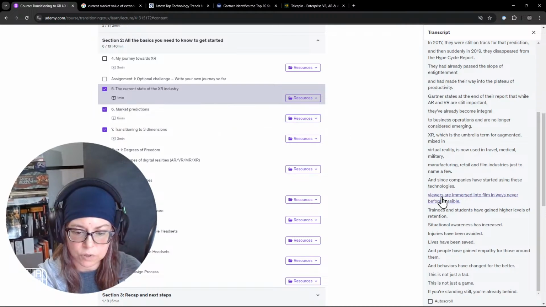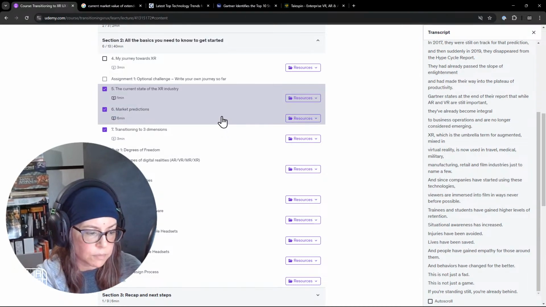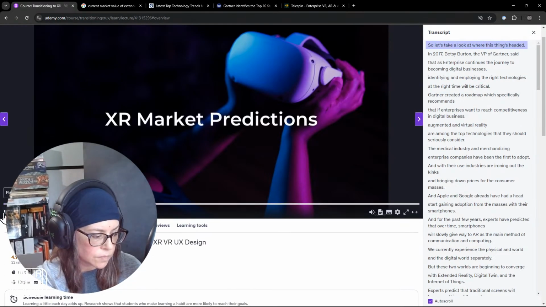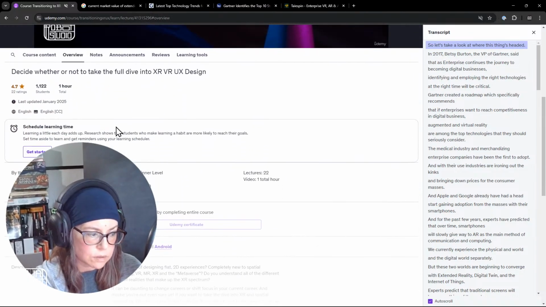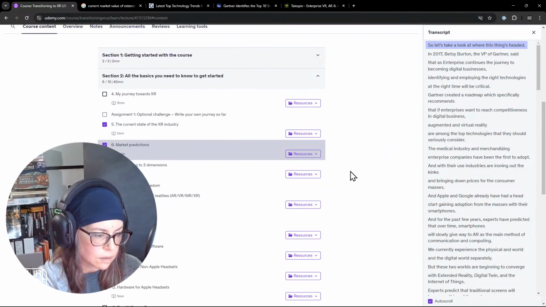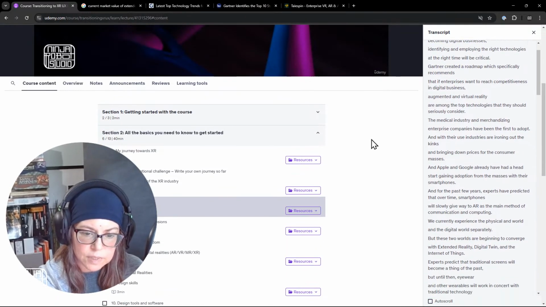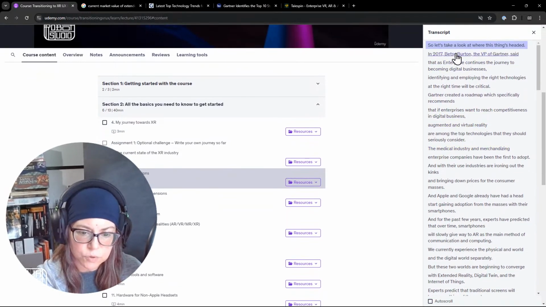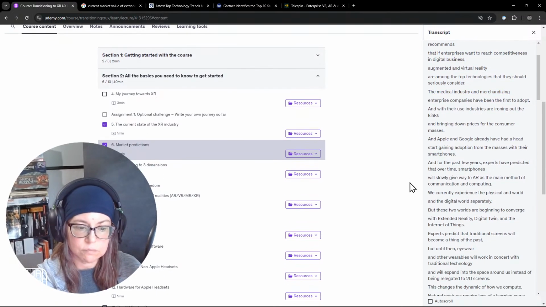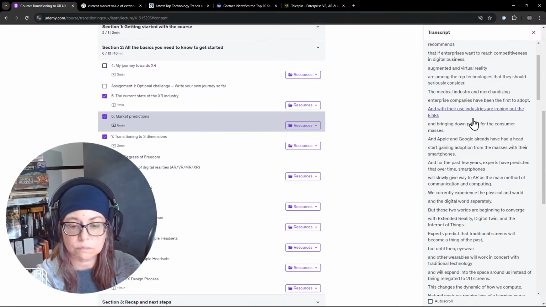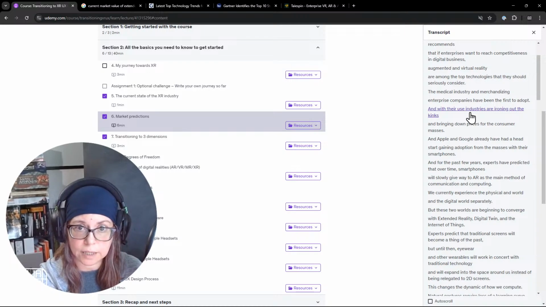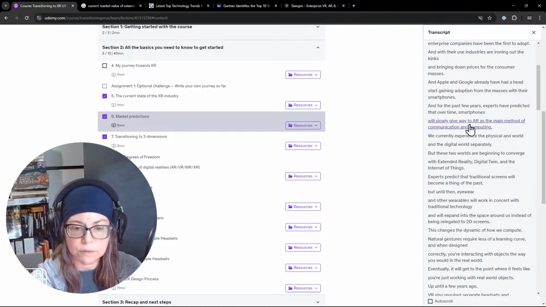So let's talk about the current industry, that's where it is. Let's look at market predictions. So again, looking at Gartner, back in 2017, they did say that it is critical to identify and look into these technologies such as XR, virtual reality, augmented reality, medical industry, merchandising, enterprise.